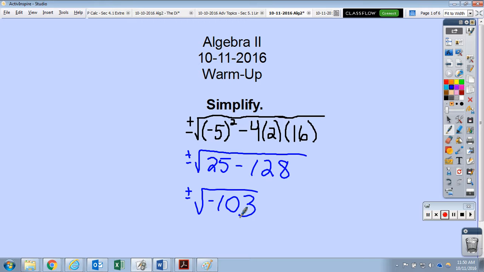So, we haven't discussed, guys, imaginary values yet, or imaginary numbers. So for right now, we can just go ahead and leave it like this. This is fine. I know some of you might be wondering, well, square root of a negative number, what is that? You guys only really are familiar with real numbers.